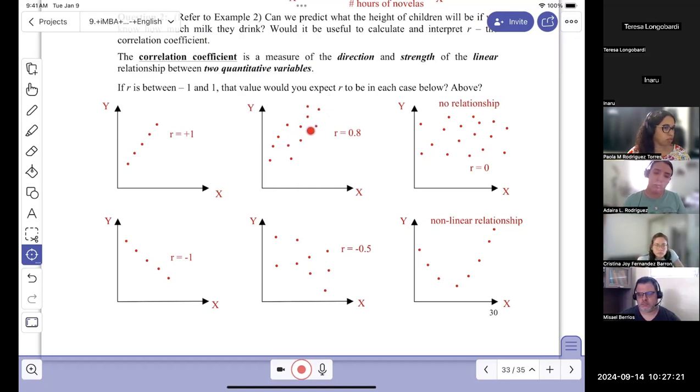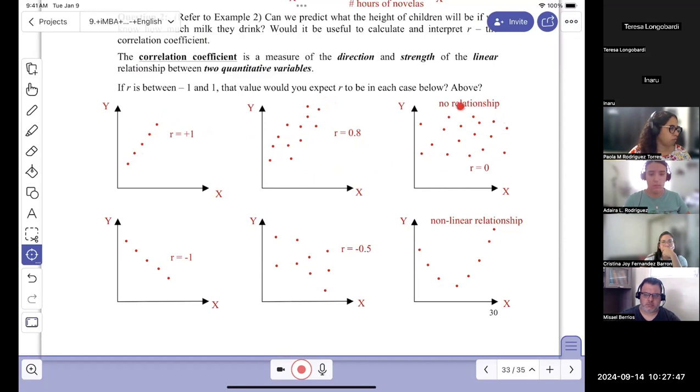Remembering that one doesn't necessarily cause the other, but they're both being affected by the background environment, right? And so we're able to look at those and see that there's a correlation. So this would be a strong correlation. The strongest, of course, is when they're on a perfect line.